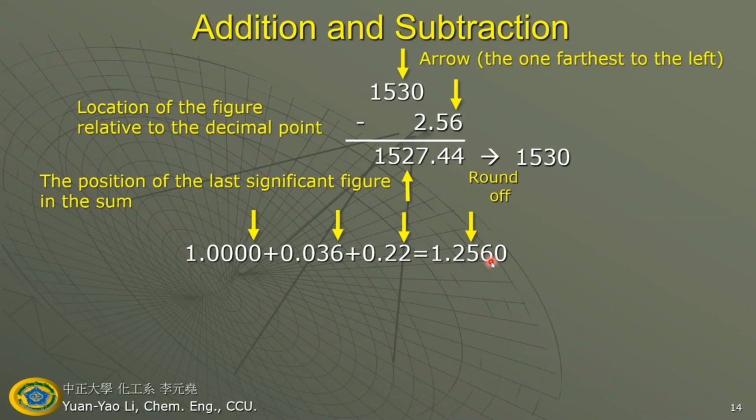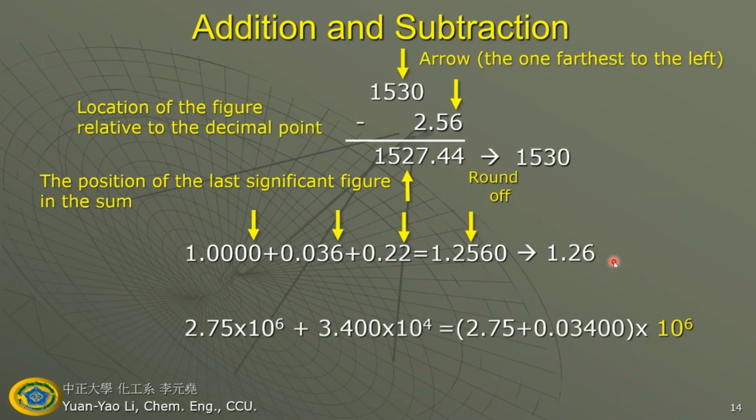If it is 5 or more, you have to add 1 in the front, right? So the answer you will get is 1.26. So if you have these 3 numbers together, all you can get is 1.26. Okay, so this is the answer.